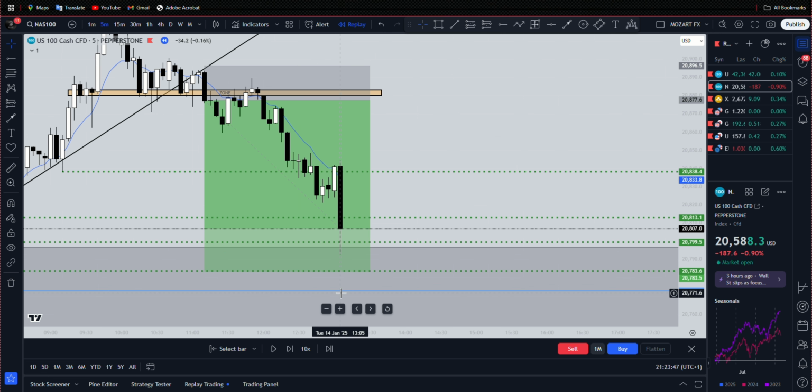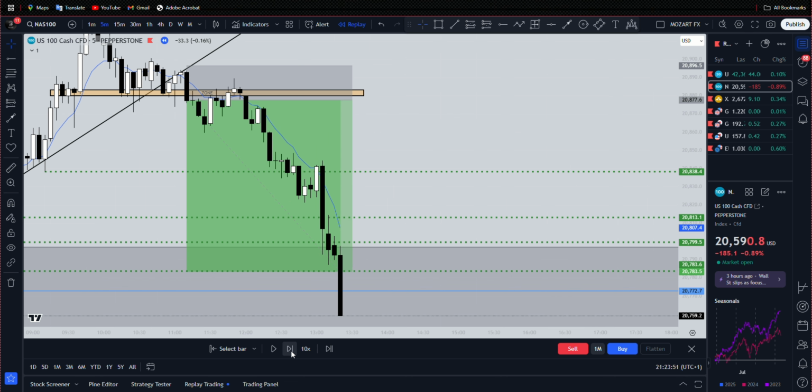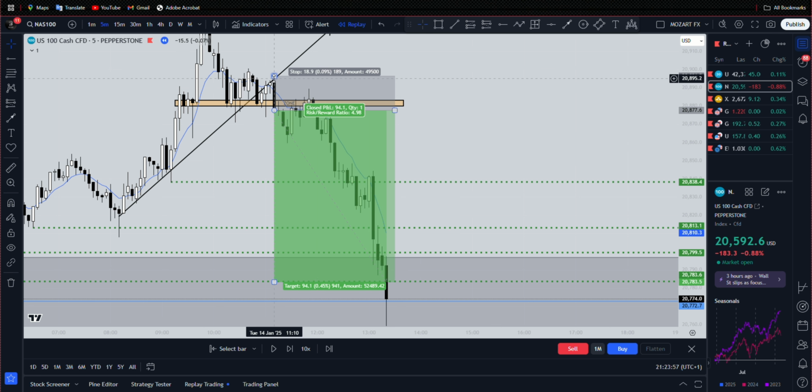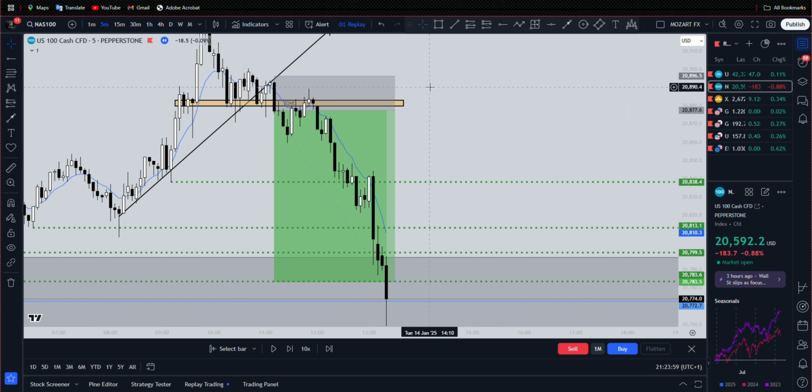Beautiful. Big volume right now, and take profit just like that. It's a 1 to 5, which means if we risked 1% on 100k challenge, we would have gotten $5,000.